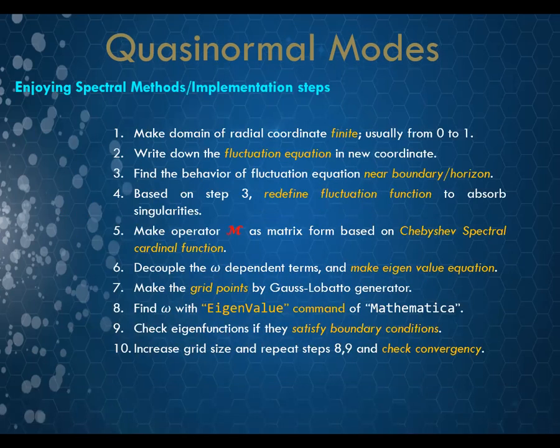To say it more clearly, we can set these 10 steps to find the quasi-normal modes with the spectral method. The first step is changing the coordinates to a finite domain of the independent variables. Then write down the fluctuation equation in the new coordinates and find the behavior of the fluctuation equation near the boundary and near the horizon, I mean near the two ends of the interval.